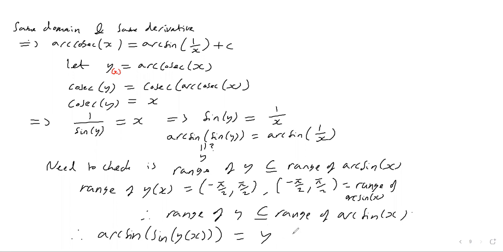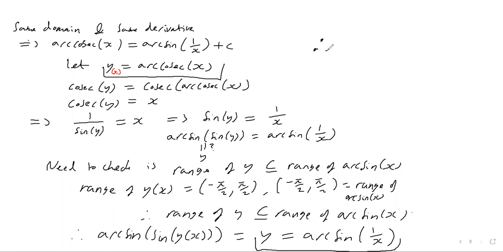And we know from the right-hand side that y is equal to arcsin of 1 over x. So y equals arcsin of 1 over x. But we know from up here that y is equal to arc cosec of x.